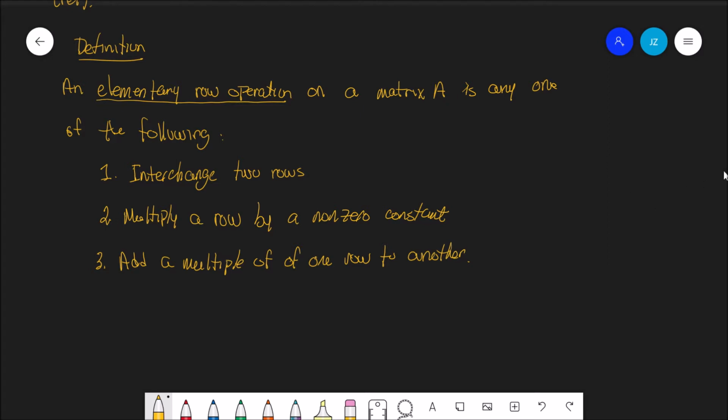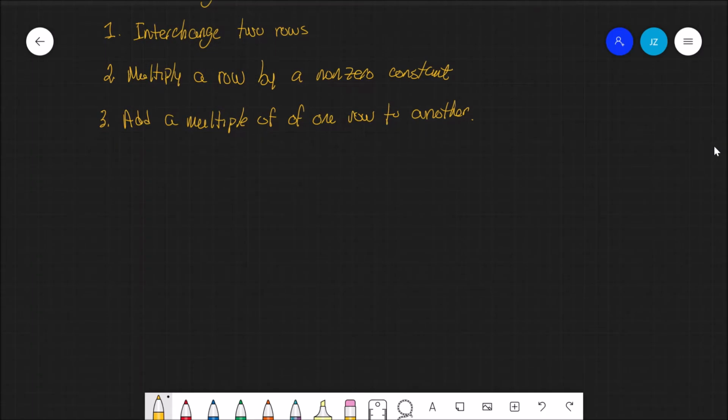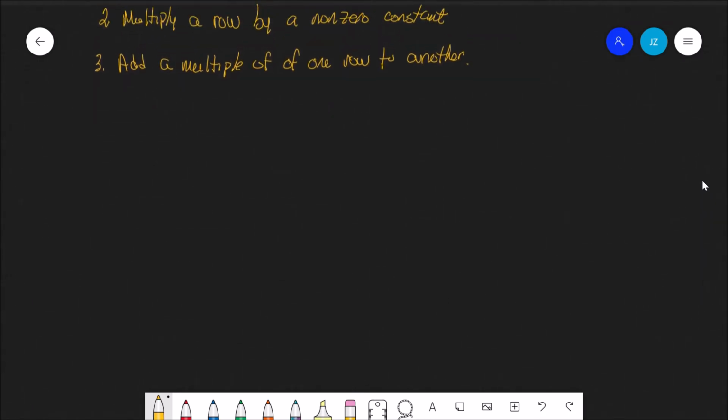Let us now look at how to put a matrix into REF and RREF. So starting with the REF process.